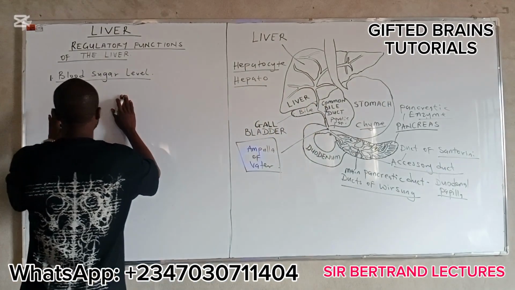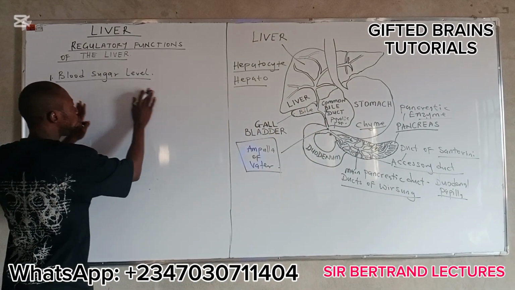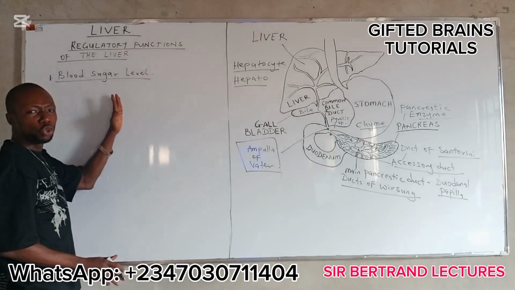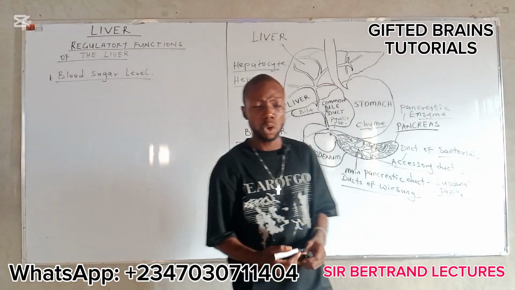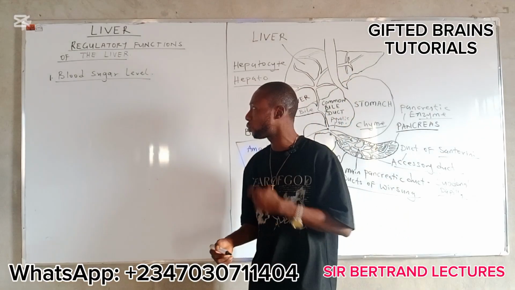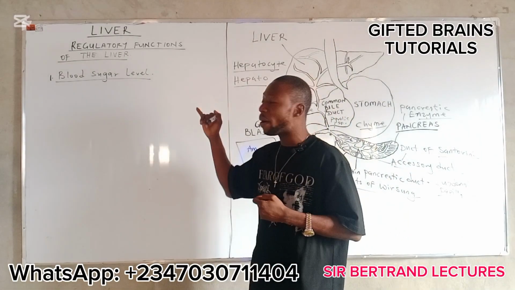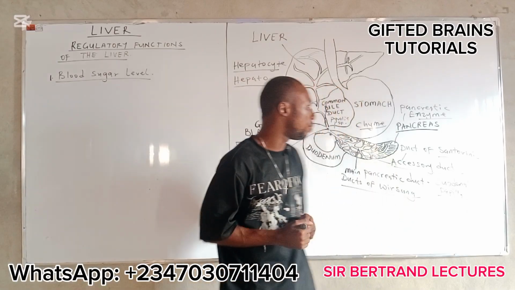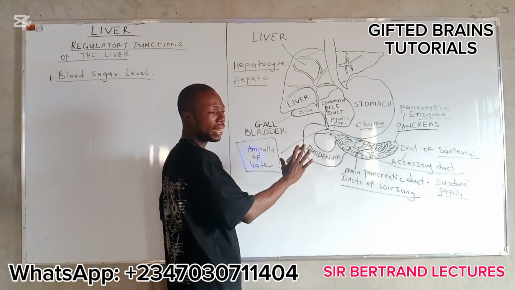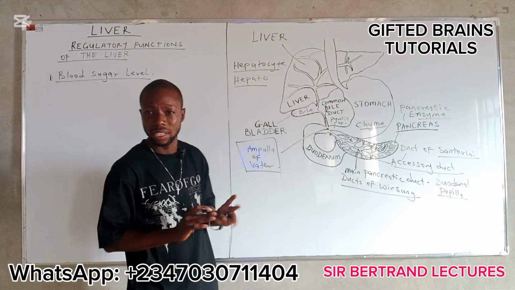Now this blood sugar level is also referred to as blood glucose level. The sugar we have in the blood is known as blood glucose. Now, how does the liver maintain or regulate the blood sugar level? Here is the pancreas, because the liver cannot perform that function alone.